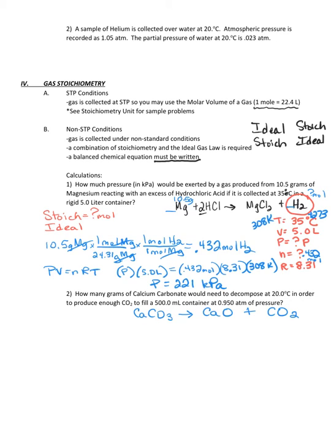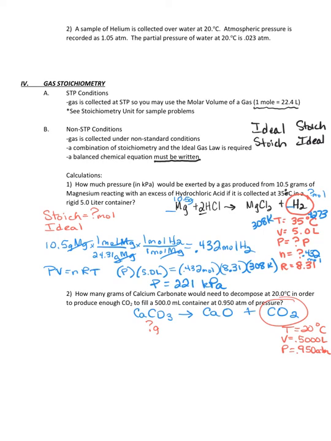Our gas here is our carbon dioxide. We know the temperature is 20 degrees Celsius. We know its volume is 500 milliliters, but I'm going to go ahead and write that in liters because I know it has to be in liters. The pressure of it is 0.950 atmospheres. And they're asking us for the grams of our calcium carbonate.